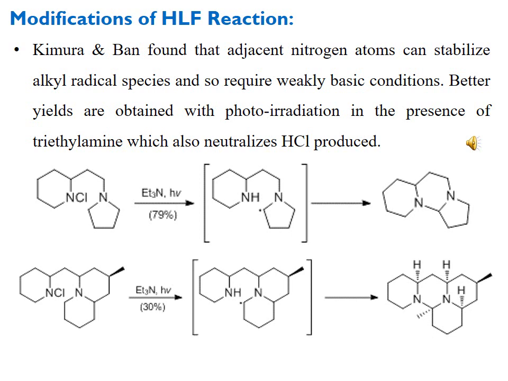And better yields were obtained in photoirradiation in the presence of triethylamine used as a base. This base is also involved in the neutralization of HCl, which is produced during the reaction. Here you can see the two examples.